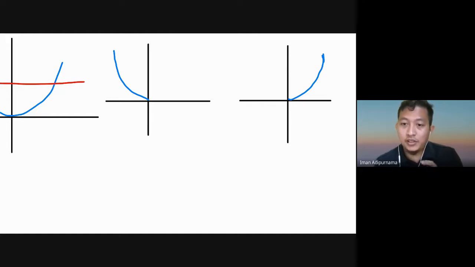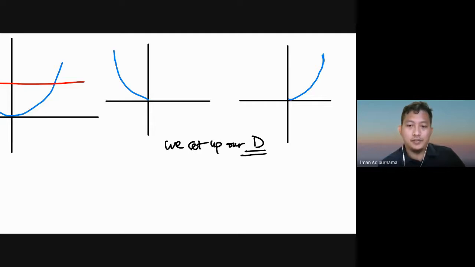You can only choose one because it has a different domain. You get my point. The inverse of f is both square root of x, yes, but usually we just choose the positive one because it's the general function. Both are correct. So we set up our domain.